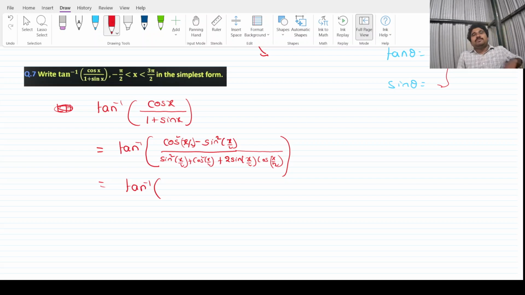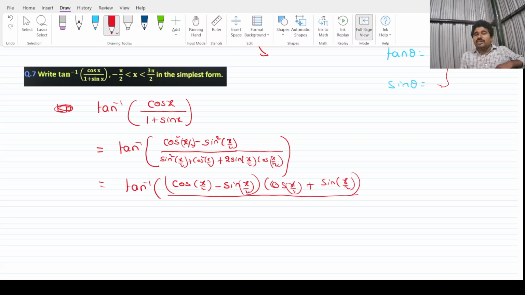So what is the a square minus b square expansion? a plus b into a minus b: cos x by 2 minus sin x by 2 into cos x by 2 plus sin x by 2, whole divided by a plus b whole square formula. So I write it as cos x by 2 plus sin x by 2 whole square.